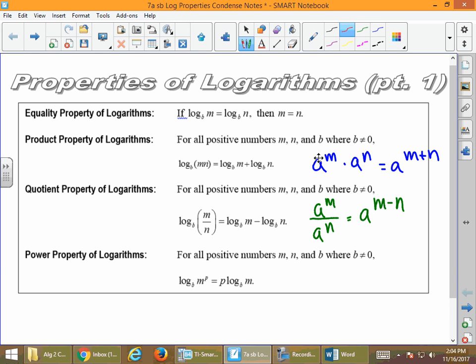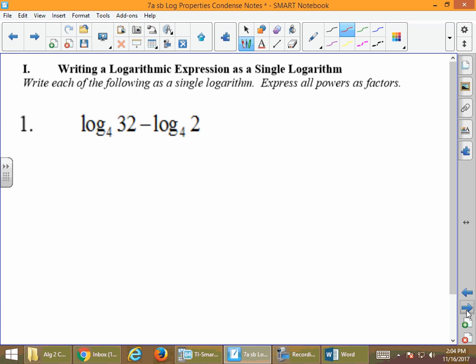Unfortunately, these properties may be something that you need to memorize. At the very least, we need to familiarize ourselves with them. But let's see if we can apply them. And the nice part for you is that you can see that table on your paper as we look at these examples. The first one: we're going to write each of the following as a single logarithm, expressing all powers as factors.